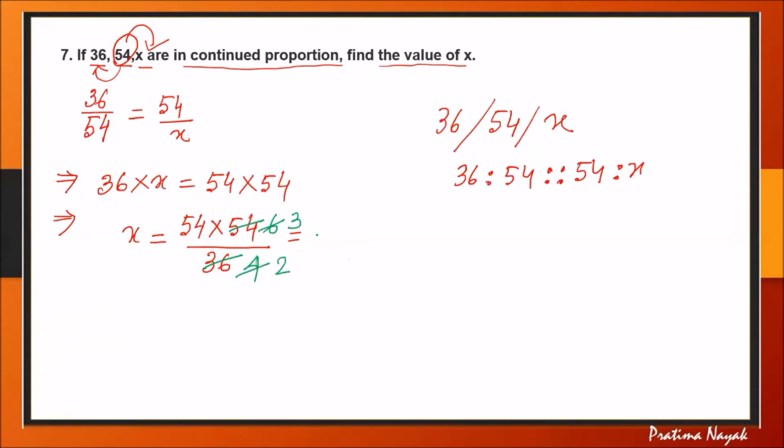Again 2 can be cancelled, giving 27 times 3, which is 81. Don't hurry. You can cancel in your own way, or you can multiply 54 by 54 and divide by 36. That will also serve the purpose. So the value of x is 81.